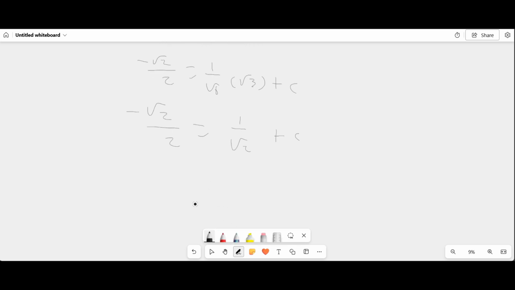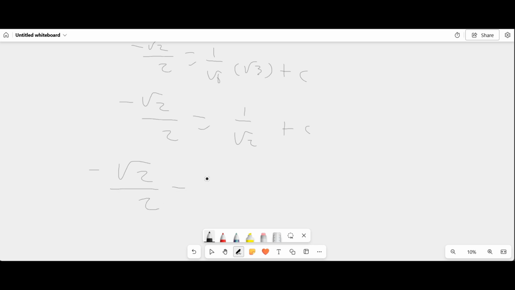And so what I can say is that c can be minus root 2 over 2, negative 1 over root 2 here. Which is honestly just equal to negative root 2, if you put that in your calculator. So hence the final equation is going to be y is equal to 1 over root 6 x minus root 2, yeah?